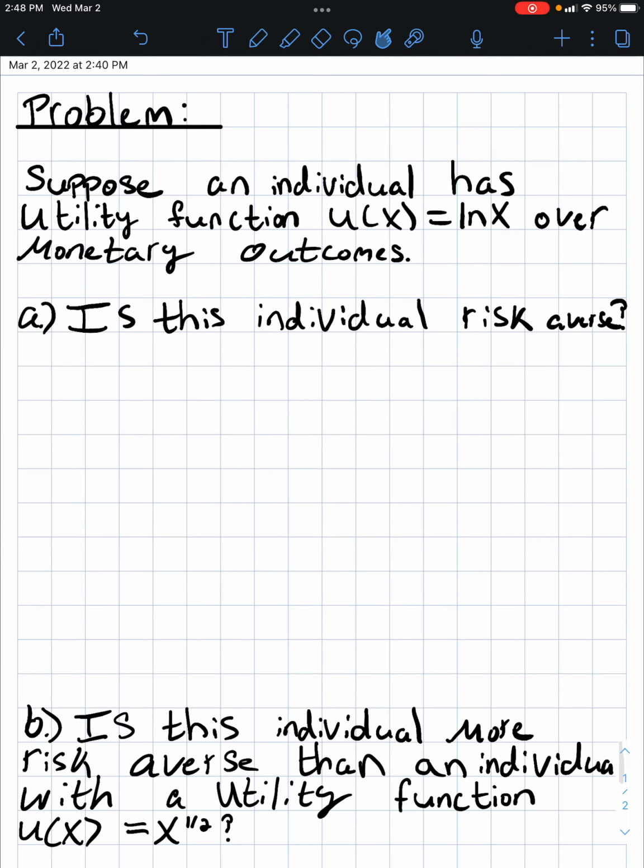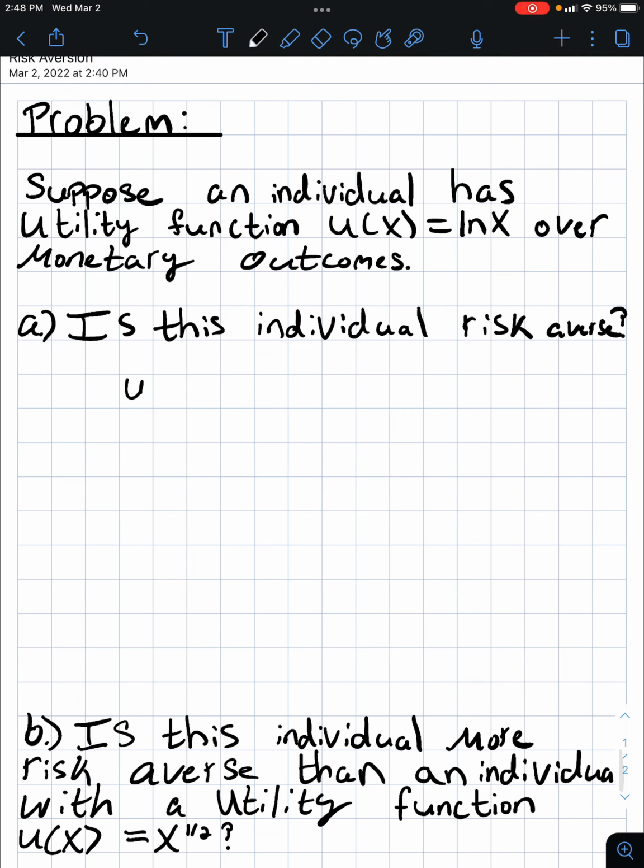So we have u of x is equal to the natural log of x. The derivative of natural log of x is equal to 1 over x. The second derivative of 1 over x is negative 1 over x squared.